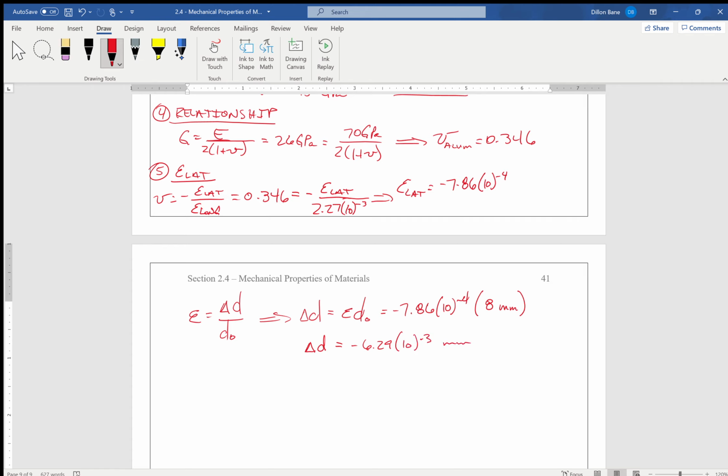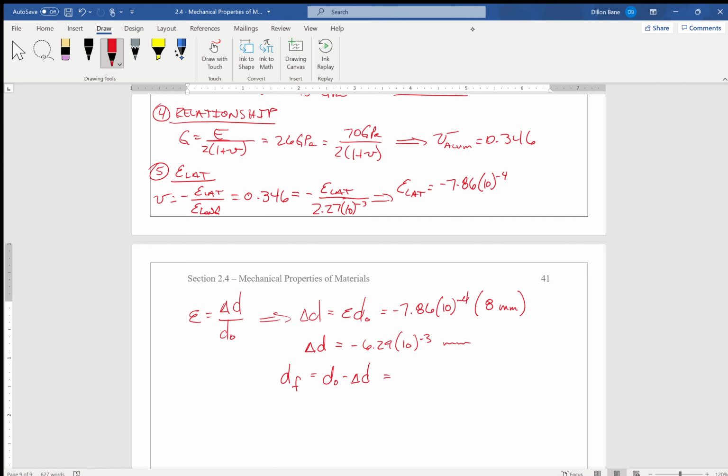millimeters, which means that our final diameter, our diameter of the bolt after it has been tensioned, we'll call it DF or D final, is just equal to DO minus delta D, which is just going to be 8 millimeters minus our delta D. So this is where I'm trying to tell you guys, don't let yourself get tripped up by these negative signs, because if you just plug this into this equation, your final diameter is going to be bigger than your DO, and that's not correct, right?